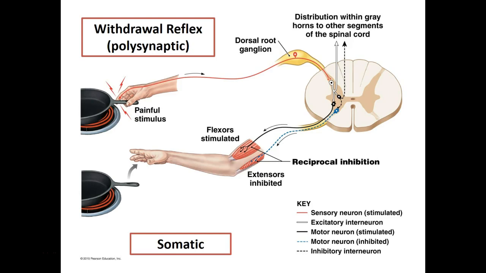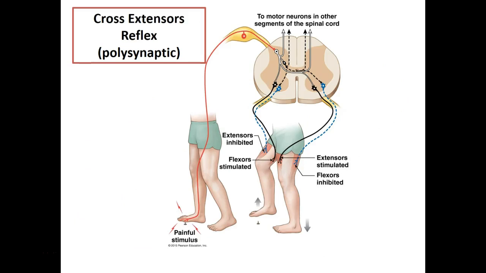That has to happen fairly quickly. And so that's something that is called a cross-extensor reflex, where we get information coming in from one side of our body, and that information not only gets sent to the brain that, oh, I shouldn't step in that area anymore because there's something sharp and hurtful, but also to quickly pull up your one leg and then fire muscles so that you can carry the weight on your other leg.